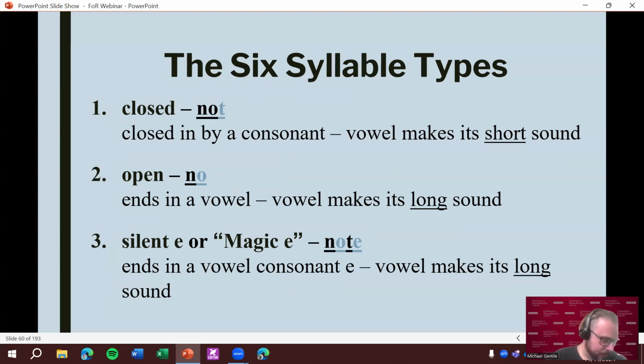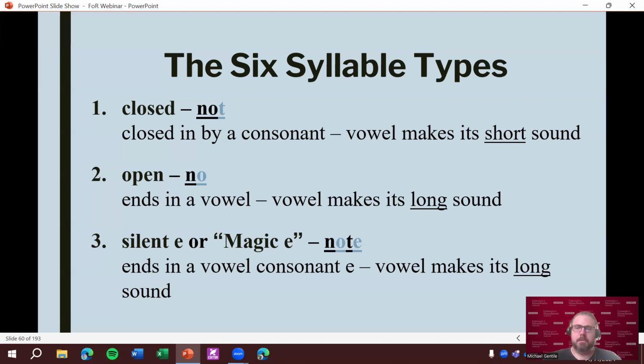We can categorize syllable types to help us answer the question, what sound does the vowel make in this word? The first and by far most common syllable type are what's called closed syllables, and that's when we have a vowel sound closed in by at least one consonant or multiple consonants.